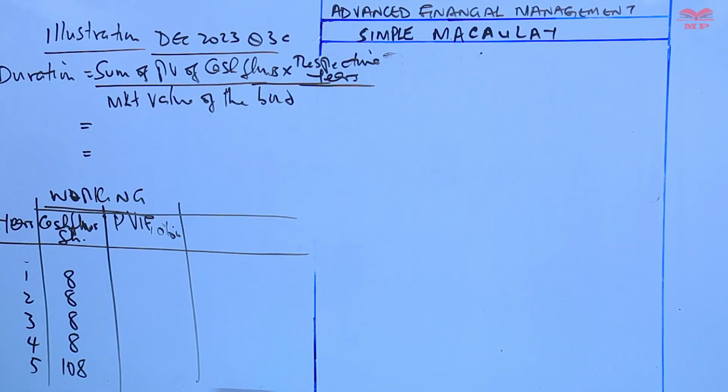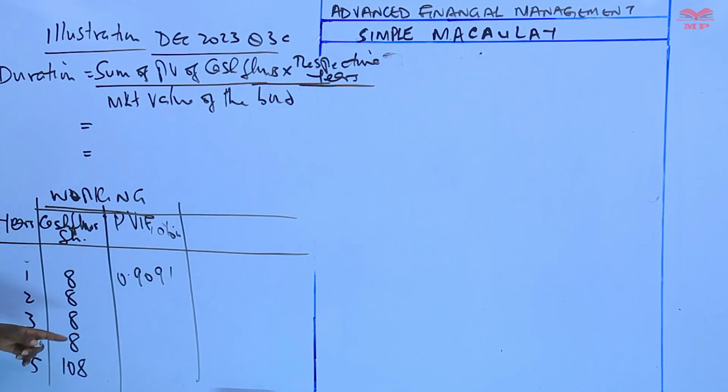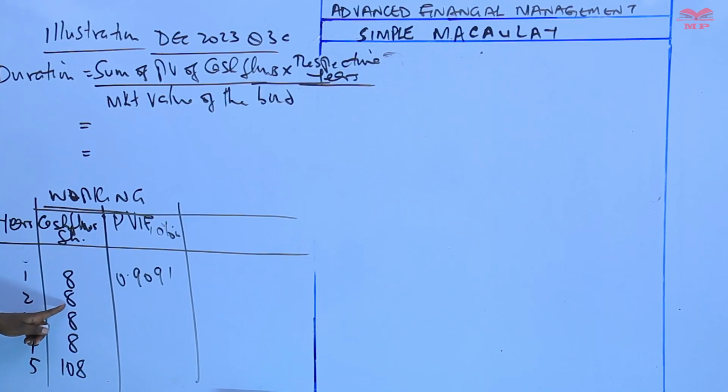Now reading from the tables, at the end of year 1 is 0.9091. The present value interest factor for year 2 will be 0.8264.